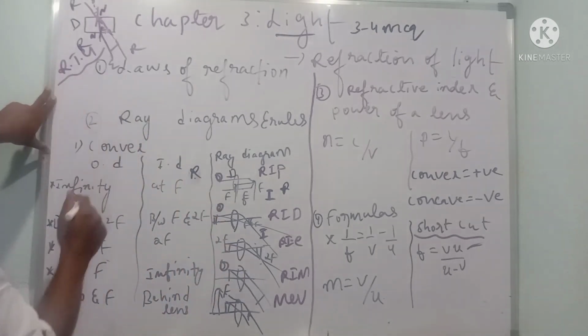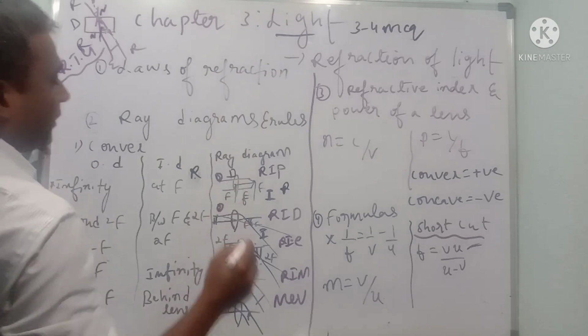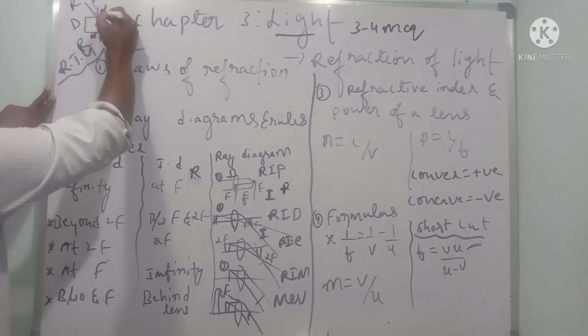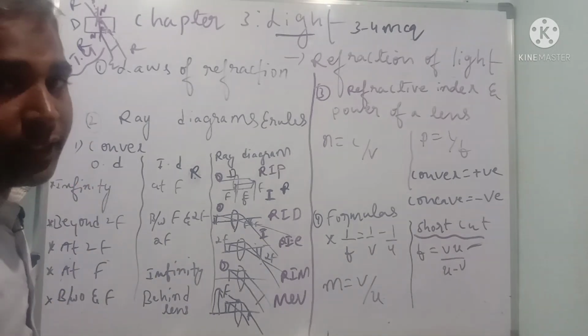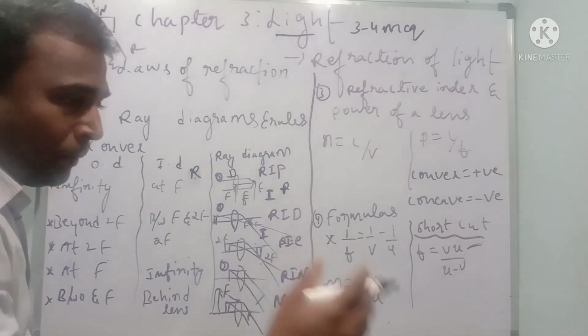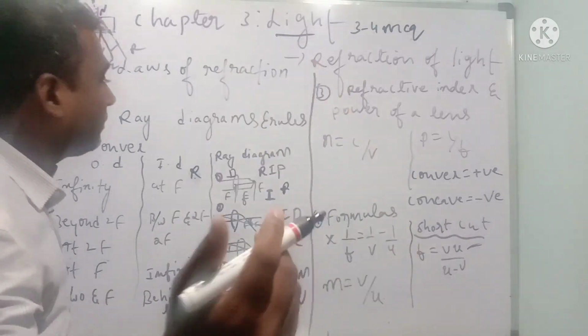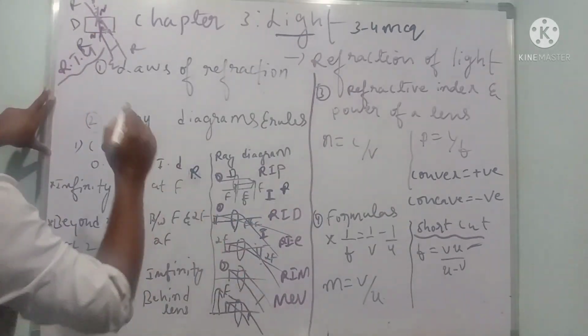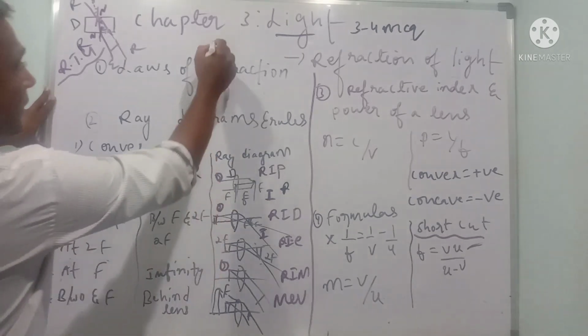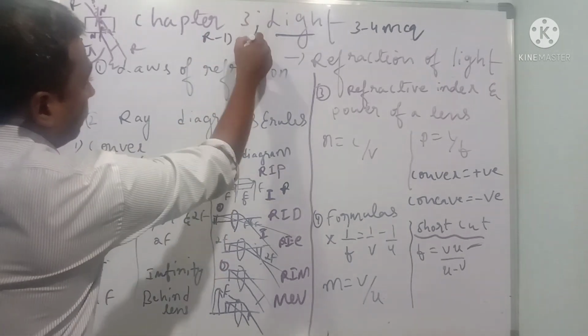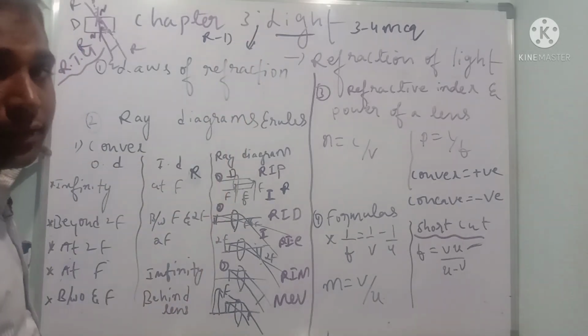Now a very important point: in refraction we have two laws. The ratio of the angle of incidence to the angle of refraction is constant for a given pair of media. It depends upon the medium. You can take water medium, air medium, glass medium. And very important, when light moves from a rarer to a denser medium, it moves towards the normal.